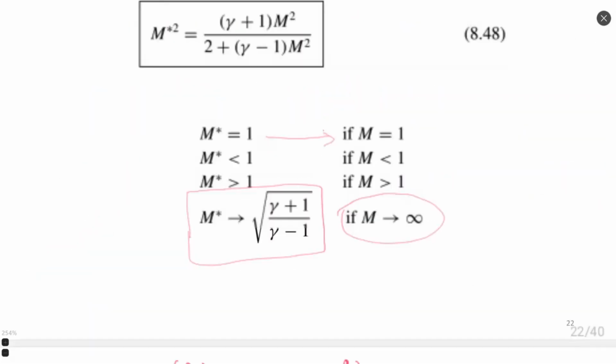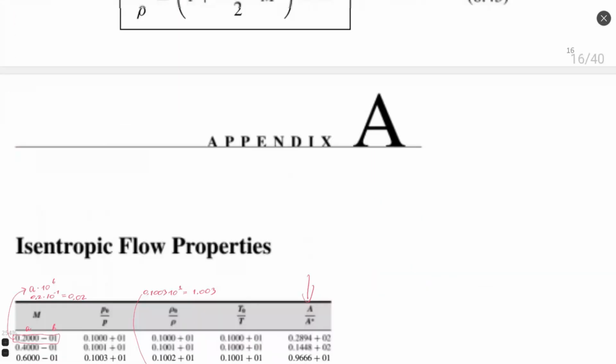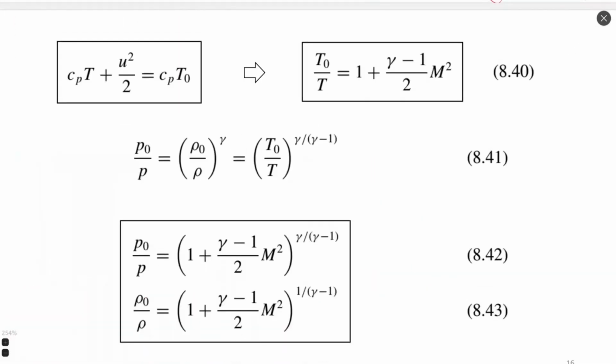We go back to our equations for isentropic flow, elaborated previously, and compressibility is a characteristic of change of density, as you remember. Now we have this function of density change with respect to Mach number.